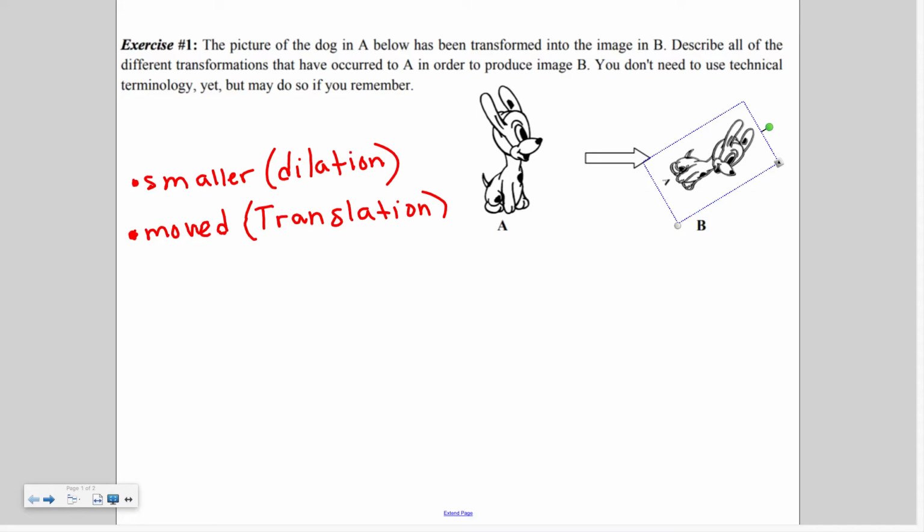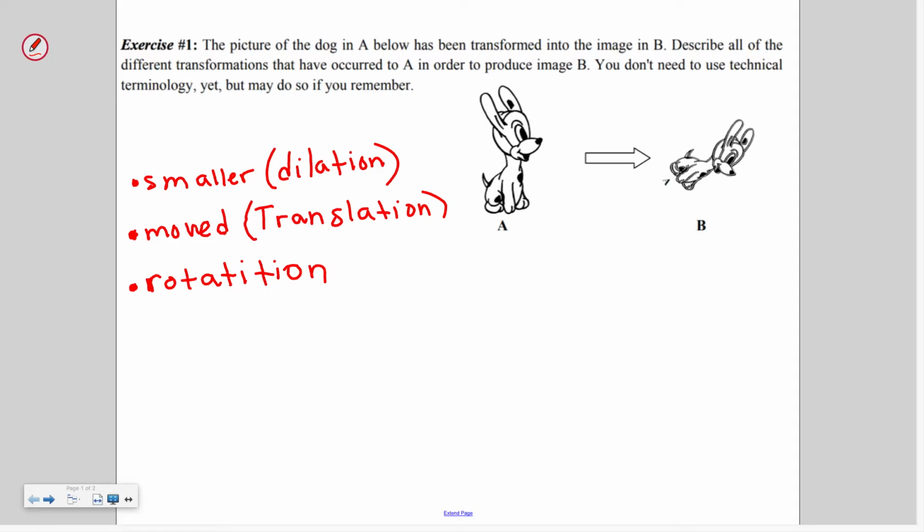So rotation, and that's the actual mathematical term for the transformation we just did. I can't seem to spell this right. There you go. Rotation. All right, so those are the three.